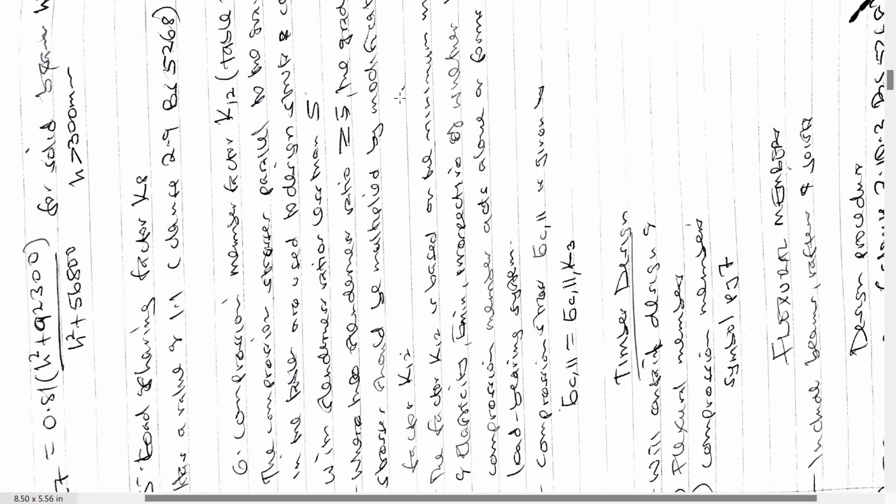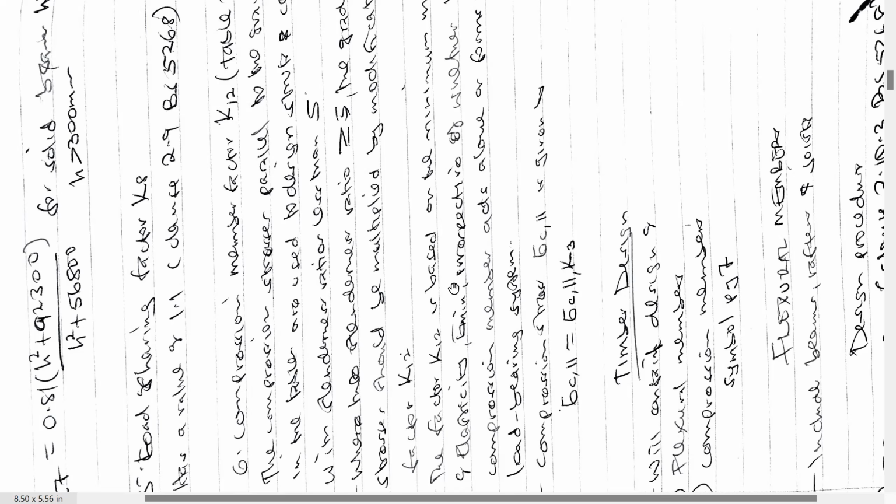Now, from that table, you find that the table 8 and 9, where we have the grade stresses, those values are given if the slenderness ratio of a compression member is below 5. But if you calculate and find that slenderness ratio is equal or greater than 5, we have now to modify the grade stresses using the factor K12.